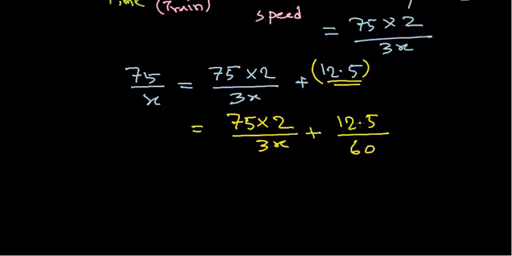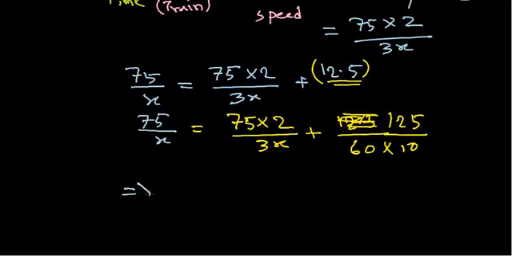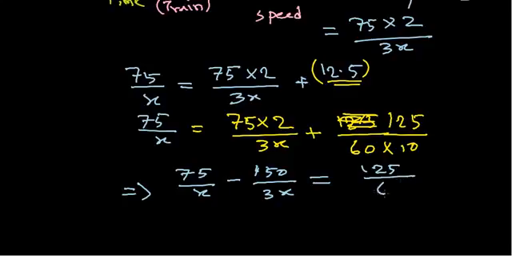We can take out the decimal point and multiply the bottom by 10, so here it will be 125 divided by 600. And on this side we have the same thing, 75 by x. Now let's take every x-related part to one side. So 150 divided by 3x equals 125 by 600.